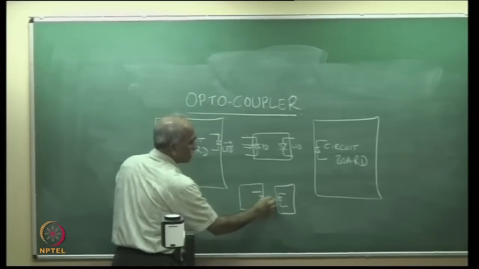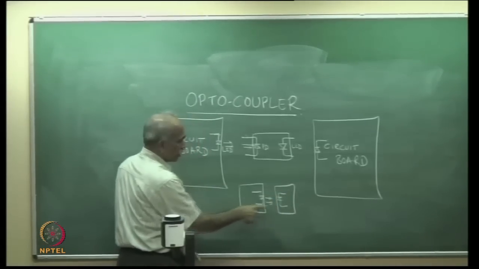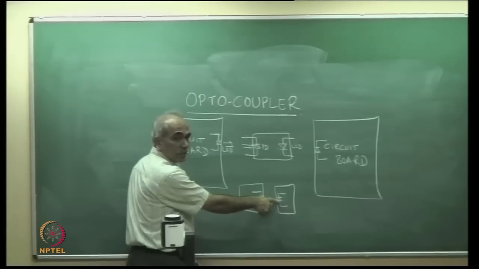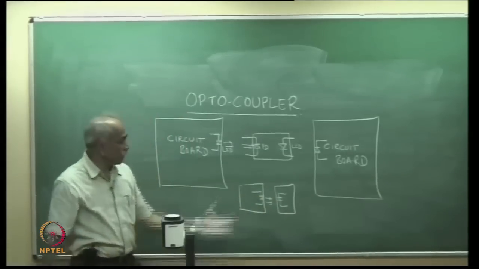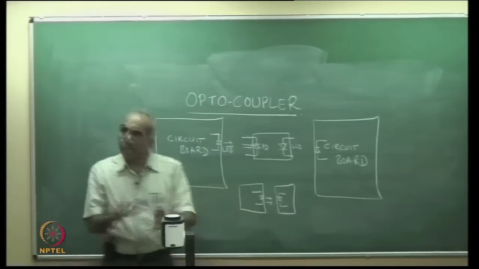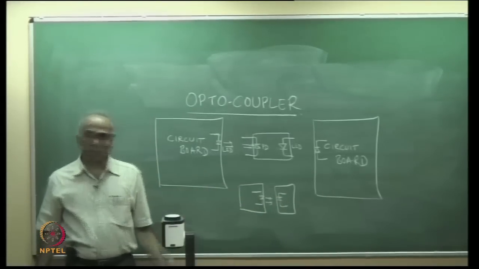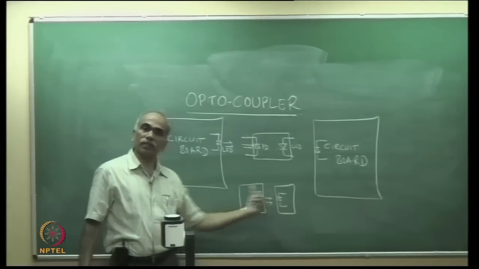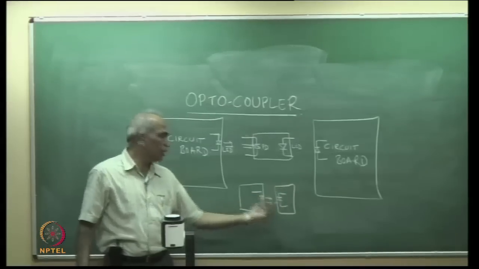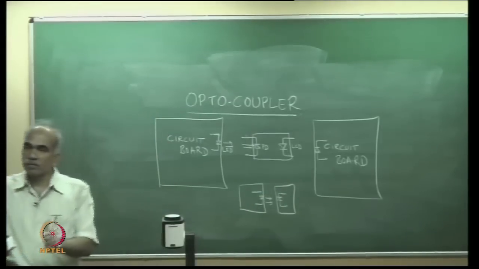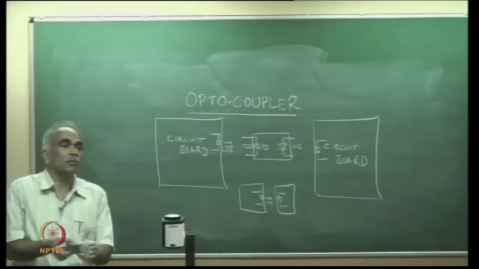So the LED is giving out signals from here and the photodetector is detecting it. What is the advantage? The advantage is they are completely electrically isolated. The connectivity from this to this is only free space optics. That is free space communication.